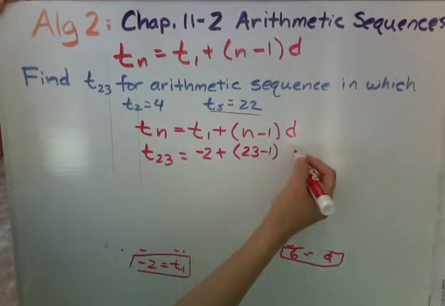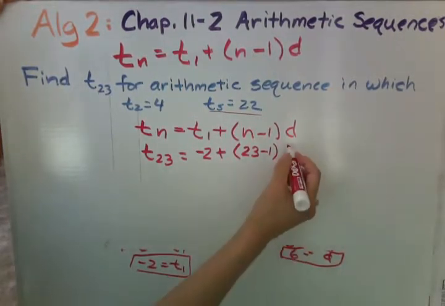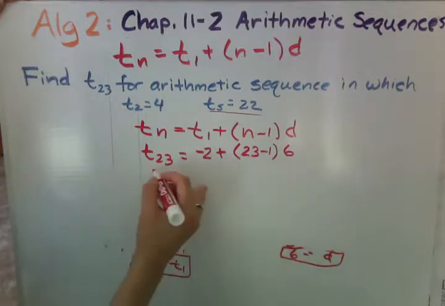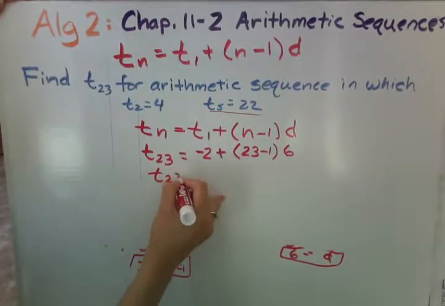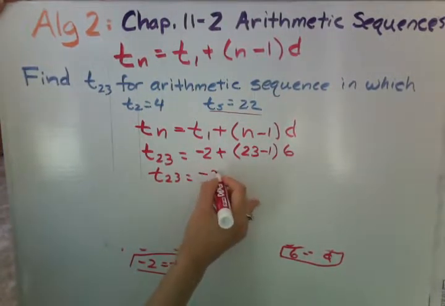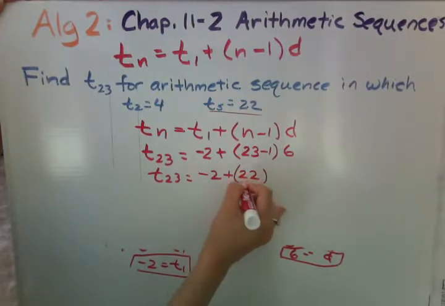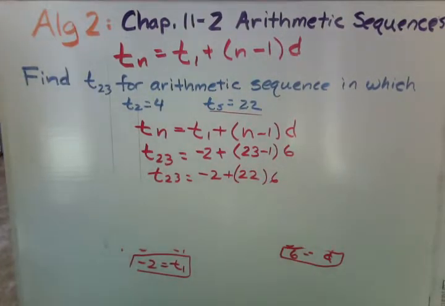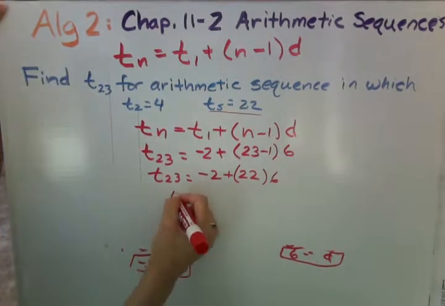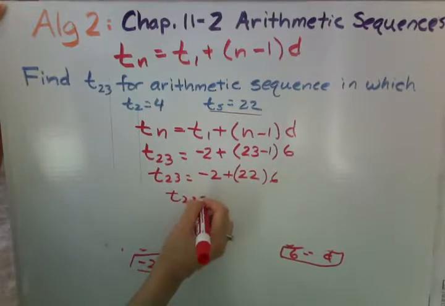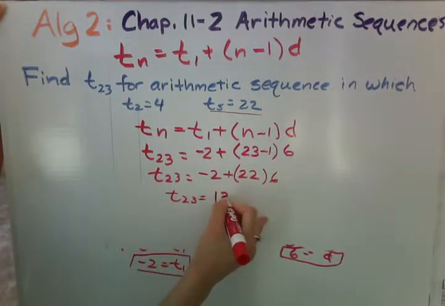Minus 1 times d. d we found was 6. And you just go ahead and solve that. Negative 2 plus 22 times 6. And our 23rd term is 130.